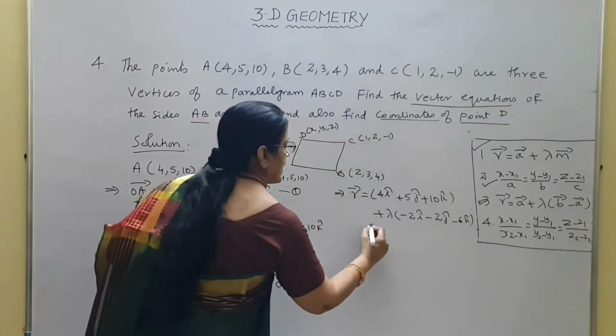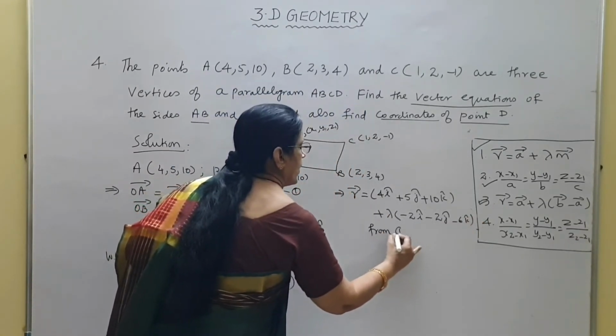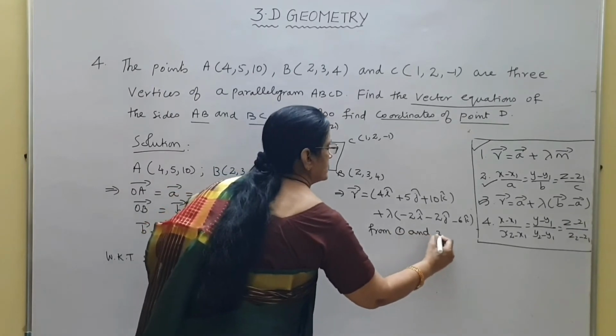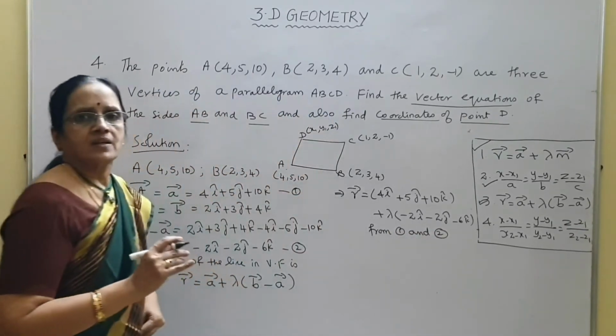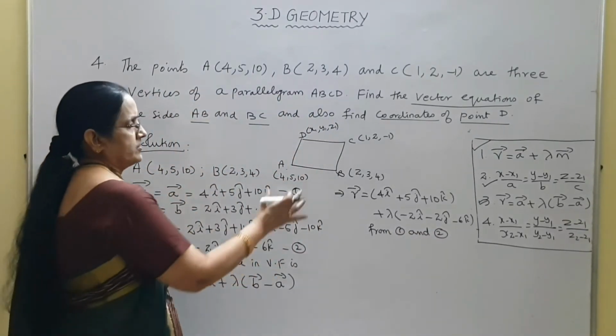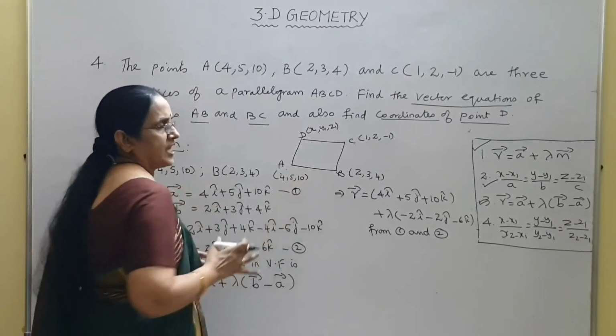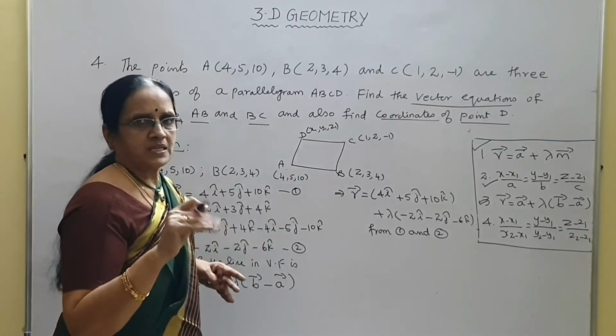This we are getting from 1 and 2. So now we know the equation of the side AB of parallelogram ABCD.